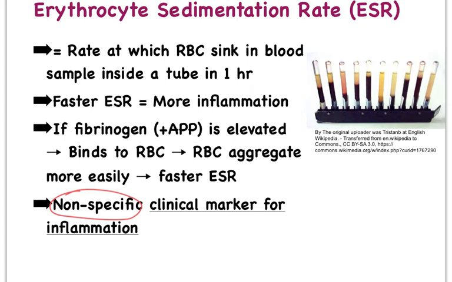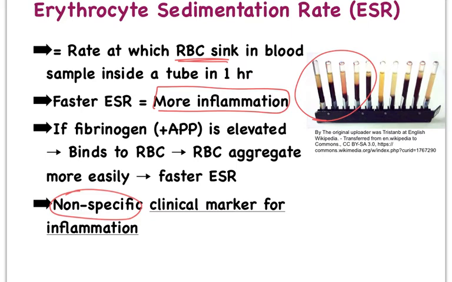Well, as you can see here in these tubes, we literally put some blood in a tube and we measure how fast red blood cells sink to the bottom of the tube. The faster the ESR, the more inflammation there is.